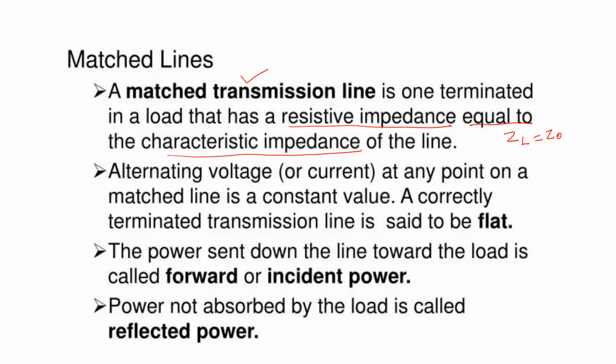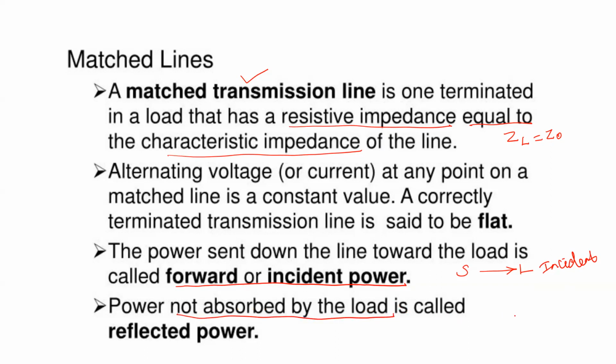And this is the power that is sent down the line toward the load, from the source to the load. If we are transmitting the signal from the source towards the load, we name it as incident power. Similarly, the power that is not absorbed by the load is called the reflected power.